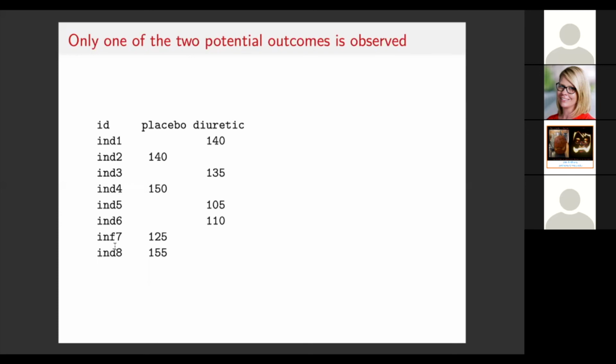So that's where the assumptions underlying causal inference come into play, because in essence, you are filling in the missing data.